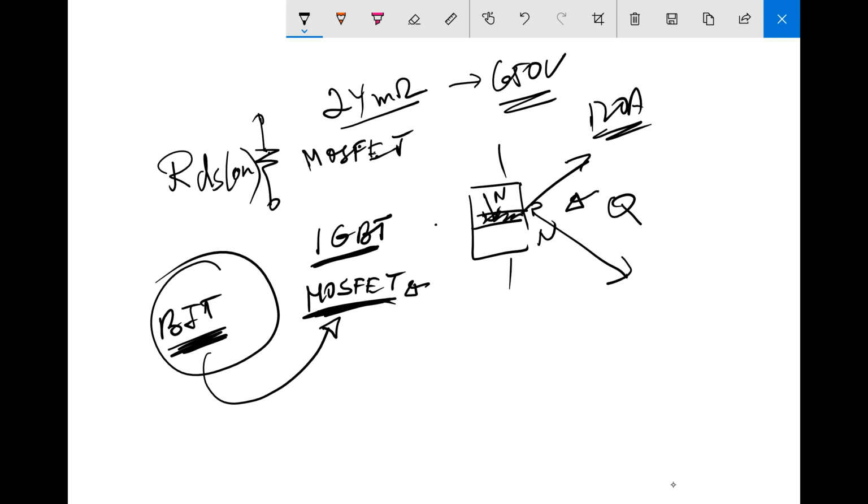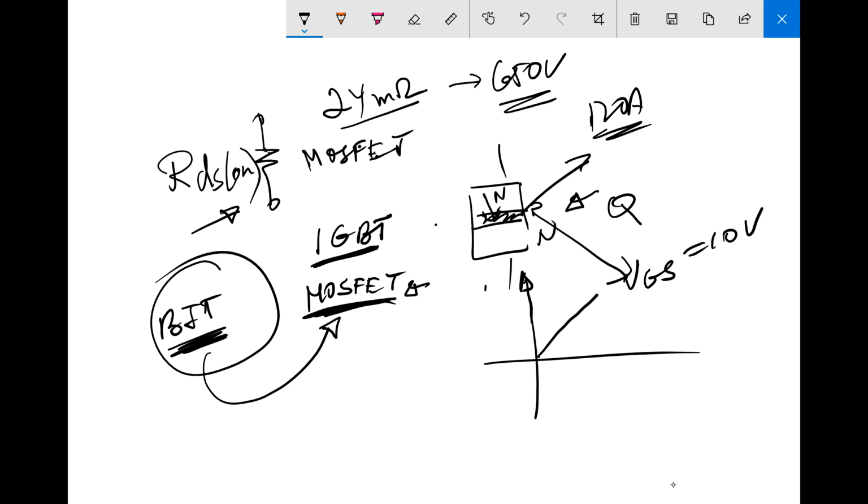But there's another difference here, which is related to the question of RDS on. In the case of a MOSFET, if you are at high VGS, this is VGS in our case, say 10 volt, and you look at the relationship between current and voltage around 0, this is a straight line, and as a matter of fact, it goes both ways.